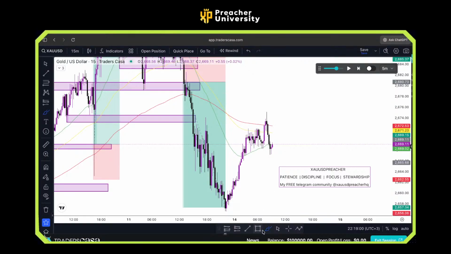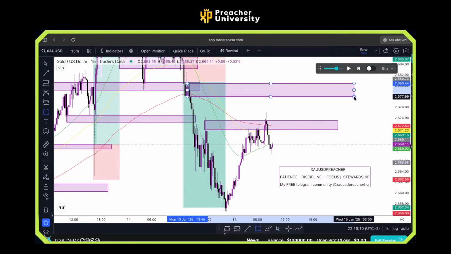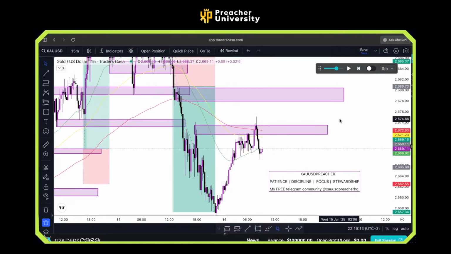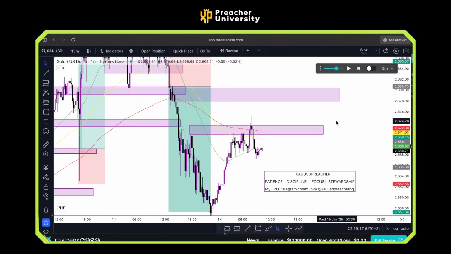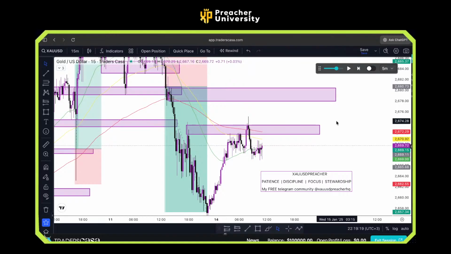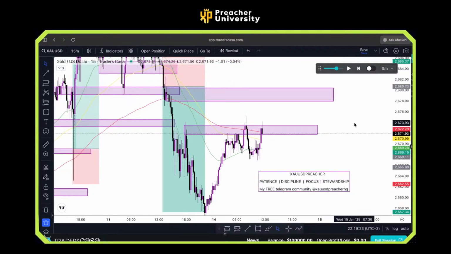So what do we wait for? We are looking for our resistance zones. One is right there, another is right here. So let's play and see what the market did. Most people just don't understand the market and what it does.